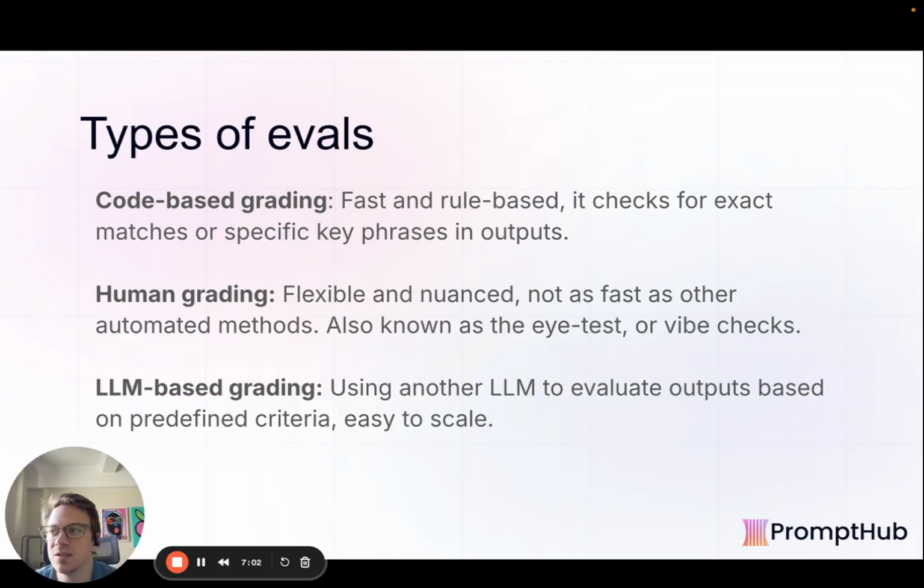LLM-based grading sounds very good in theory, but I think it removes the human from the loop too much sometimes. And additionally, you're putting a lot of trust on the prompt that you're writing for the LLM-based grader. And if it's not good, or if it's not aligned or written clearly, or the instructions are ambiguous in any way, then the outputs will be kind of worthless or maybe misleading.